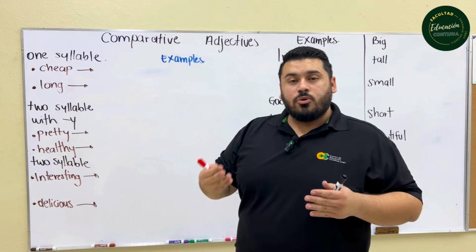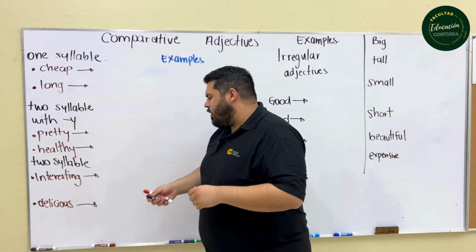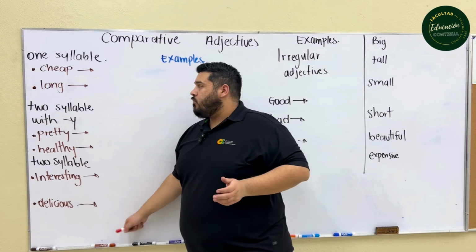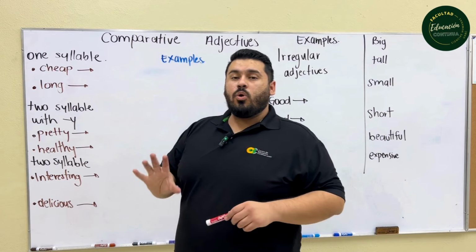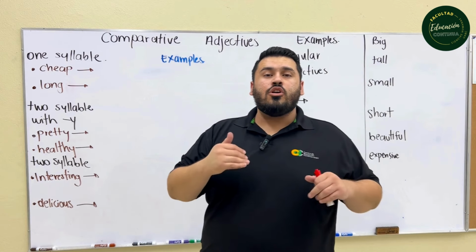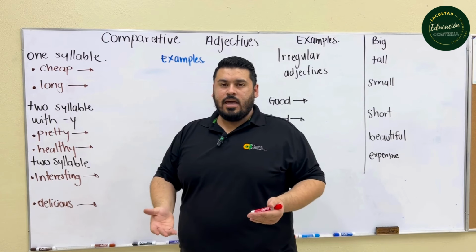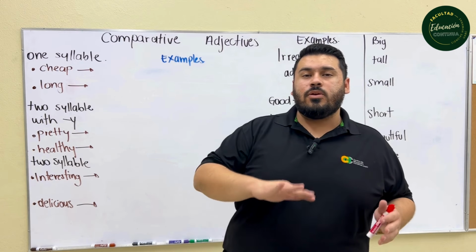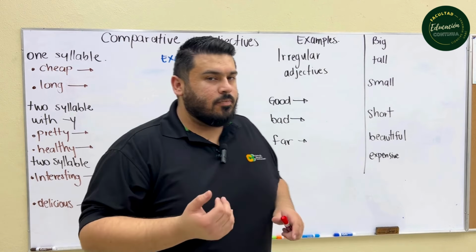So this is a structure that we have to follow. What do we have to take in consideration? For example, here we have words. Remember, those are adjectives. An adjective is a word that we use to describe, okay? So follow me, please. The first rule is about one syllable.